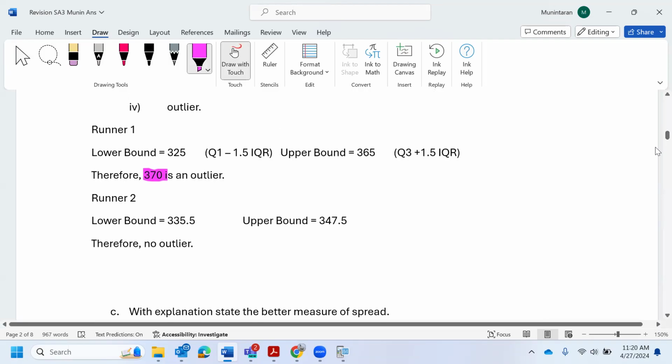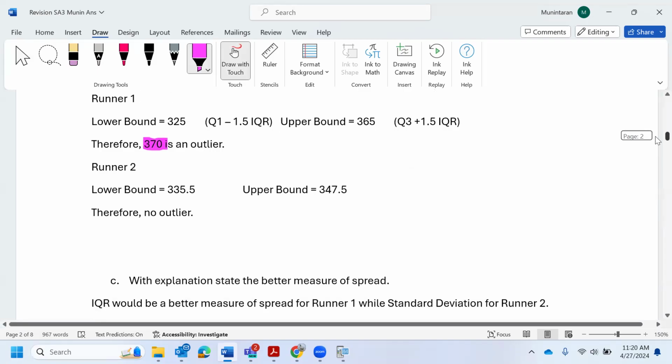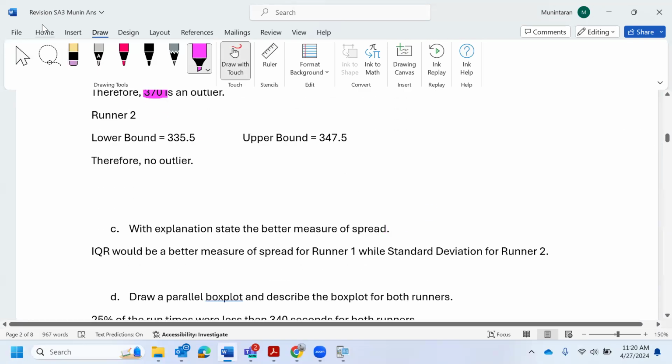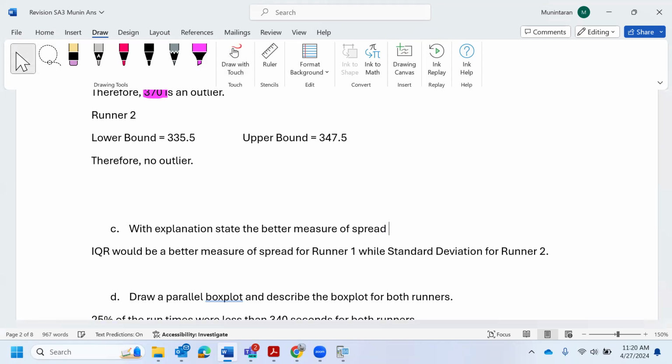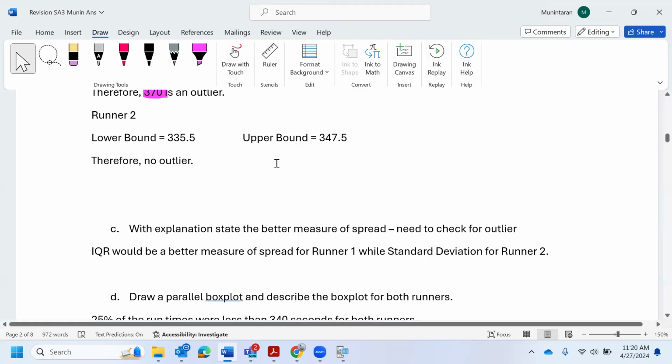Okay, explain and state which is the better measure of spread. Now, the better measure of spread always depends on whether there is an outlier or not. You have to check for outlier first. So if you have an outlier, IQR would be better. This is for runner one. IQR would be a better measure of spread for runner one, while standard deviation for runner two.